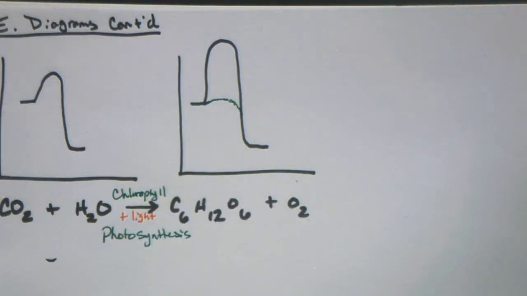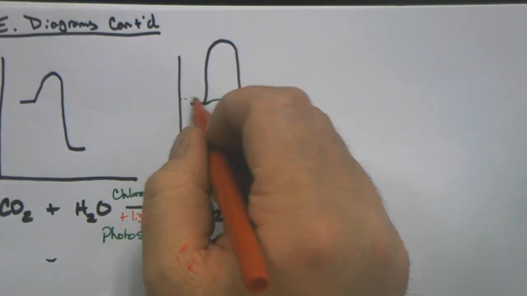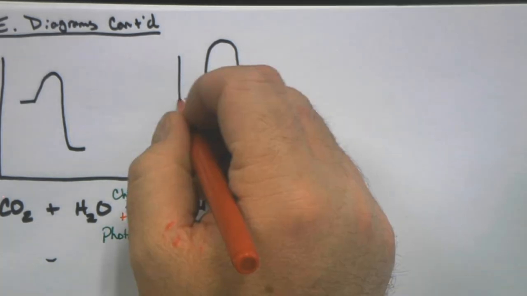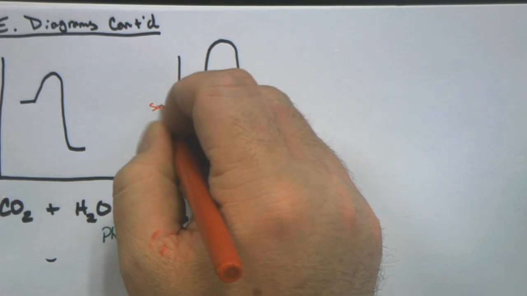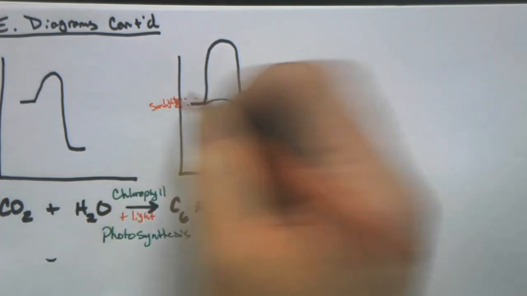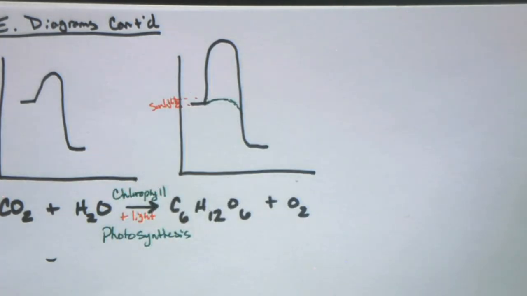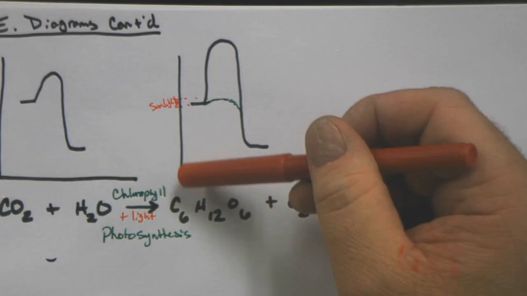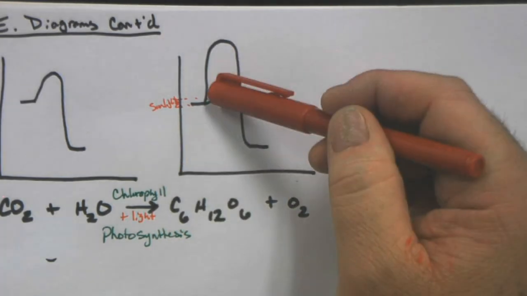Okay, so that light comes in, and this amount of energy to get from here to here, that tiny amount, comes from just sunlight hitting the reaction, and is able to turn the sunlight into our glucose. Because this chlorophyll is able to drop our activation energy so far.